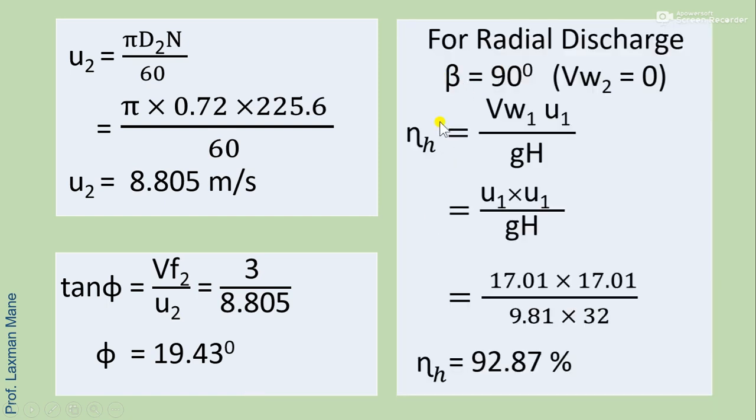Now hydraulic efficiency for the radial discharge, the formula is VW1 U1 upon g H, and VW1 and U1 are same. So putting the values of U1, g and H, we get hydraulic efficiency in percentage.